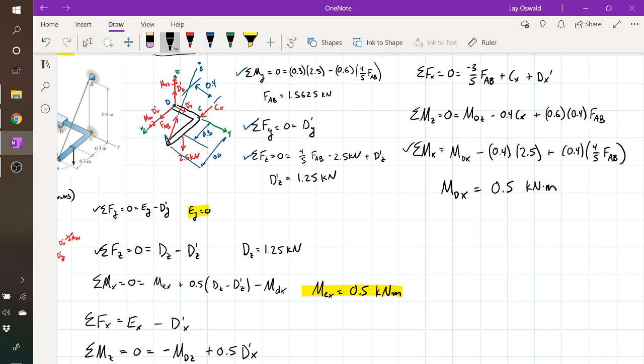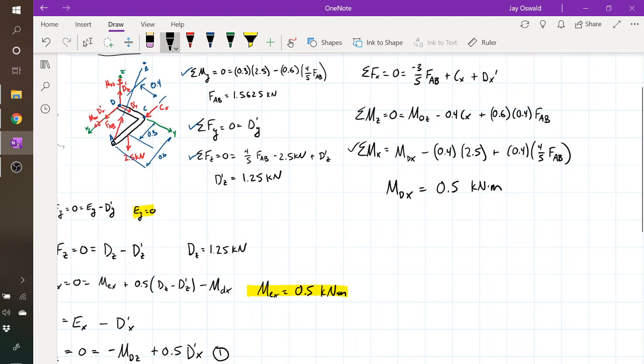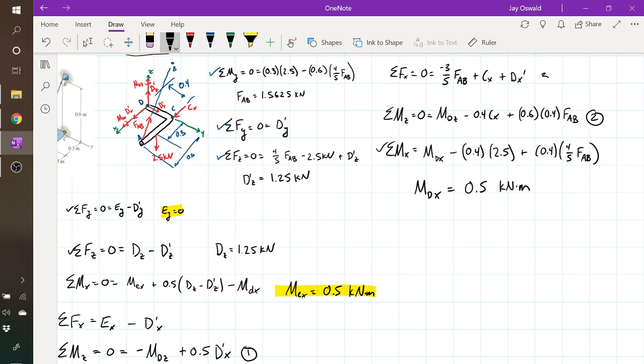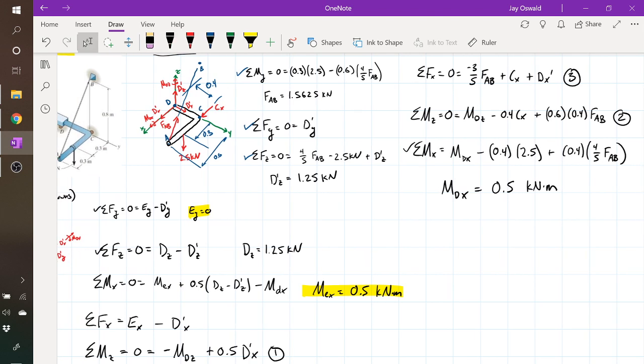Yeah, it's going to come out of this, I guess. Right? So if this is equation 1, and this is equation 2, and this is equation 3, we've solved for everything else. Like this equation is done, done, done, done.